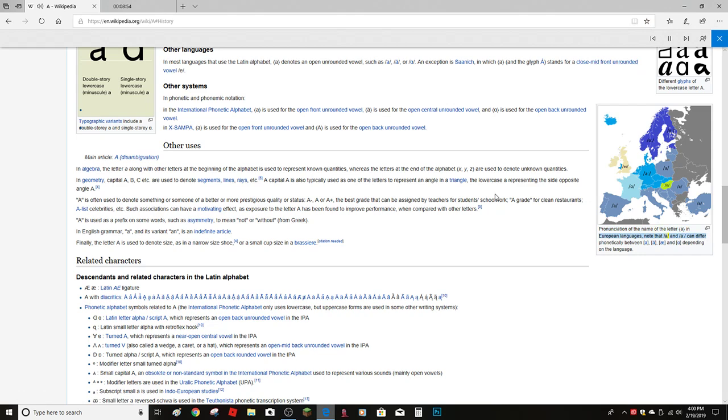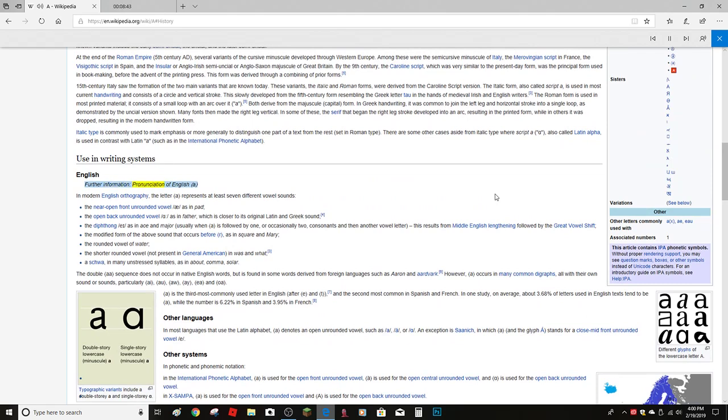Note that /a/ and /a/ can differ phonetically between A, AE and depending on the language. English. Further information, pronunciation of English A. In modern English orthography, the letter A represents at least 7 different vowel sounds. The near open front unrounded vowel /ae/ as in pat.